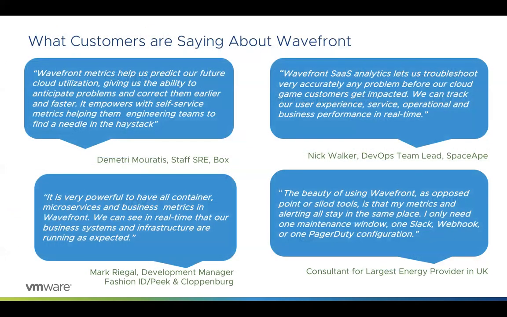So what are some of the things that the customers say about Wavefront? A lot of great things. Wavefront metrics gives them the ability to see everything. We have some use cases where customers who didn't used to see all their network activity happening on their switches and servers at the same time were able to do that using our dashboard. They were able to pull the metrics from all their Linux boxes and network devices, and at the same time pull the same metrics from their firewalls and network switches.